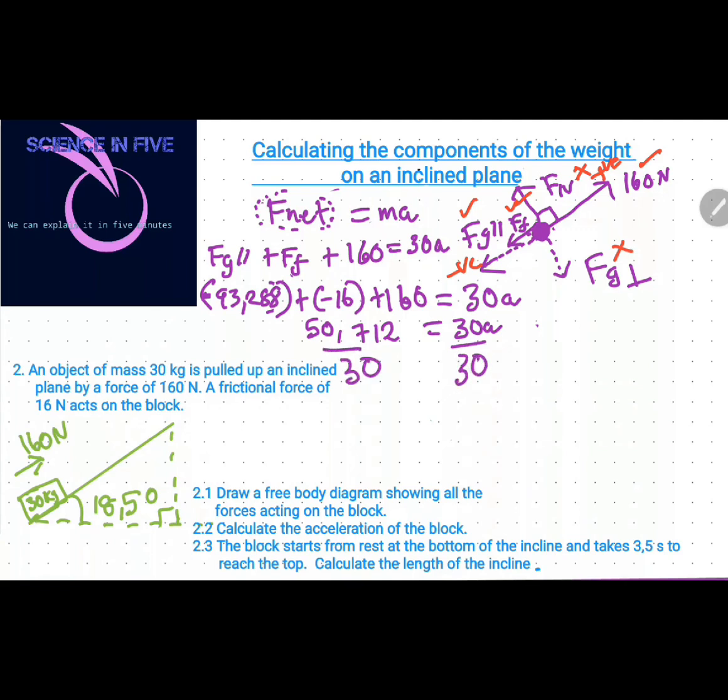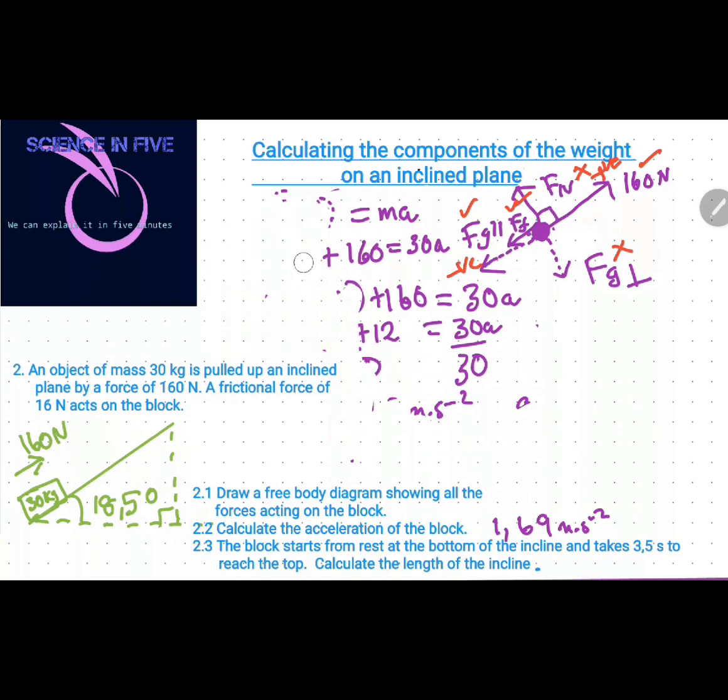So if I divide 50,712 by 30, I get 1,69 meters per square second is equal to A, and this acceleration is up the incline. So the acceleration here is 1,69 meters per square second. I'm going to need this value. Since I've got limited space, I will need that acceleration value again.